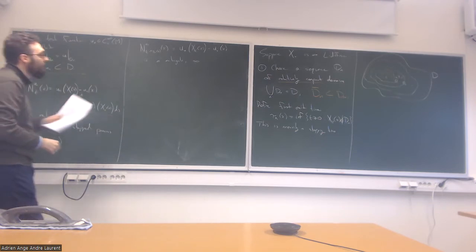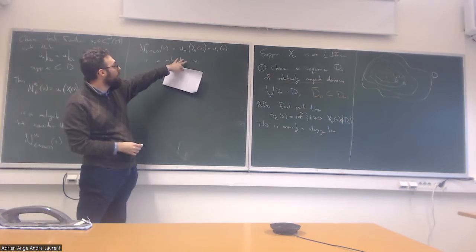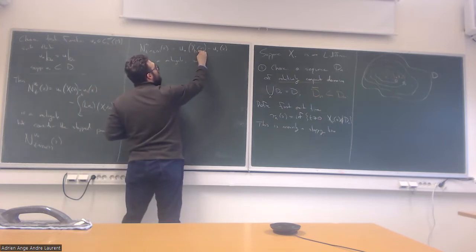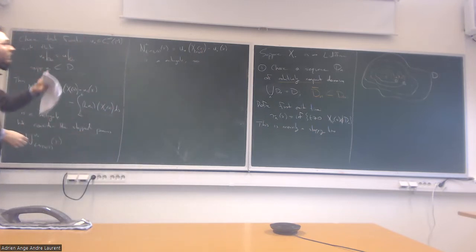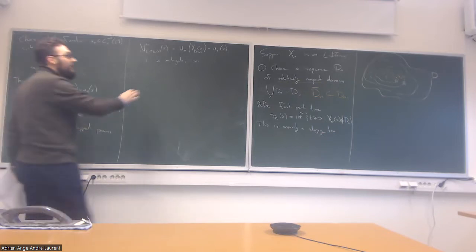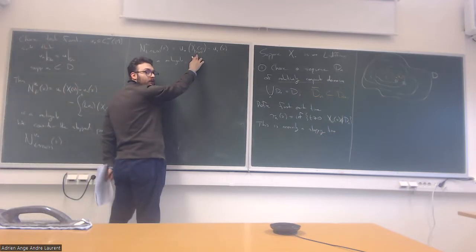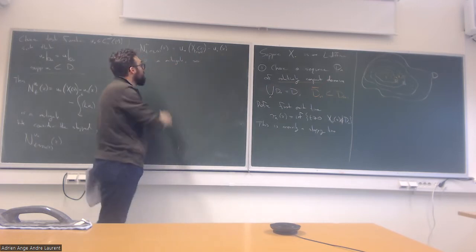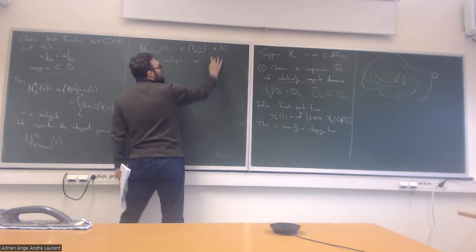I'll do a little silly thing here. We know that X_{t wedge tau_n} necessarily has to be in D_n, and by assumption u_n and u agree there. So really, this equality can be written for u.